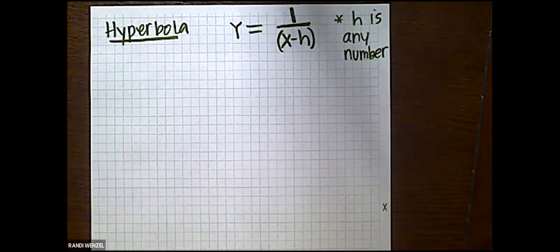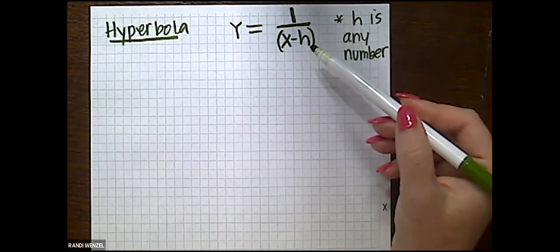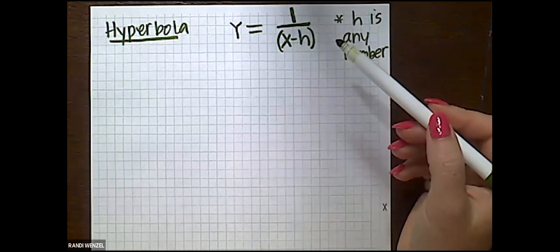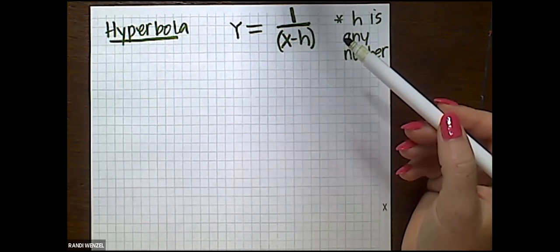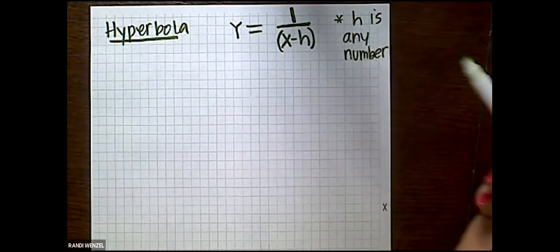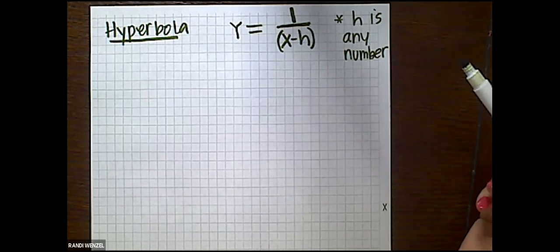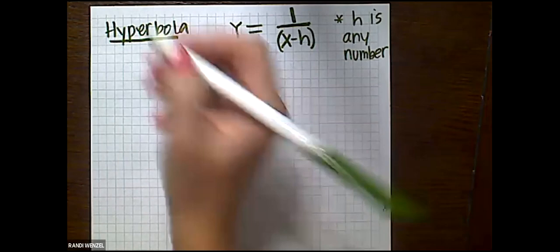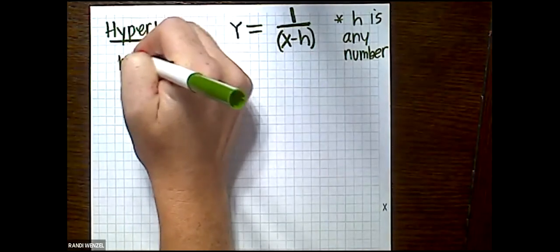So what I'm going to do is I'm going to choose an h value, and I'm going to kind of walk through how you can graph this, what you'll see when you plug it in, how we can get a good graph, because the table isn't very friendly. And I'll explain that as we look at this. So first I'm going to choose an h. I'm going to choose h is equal to 5.